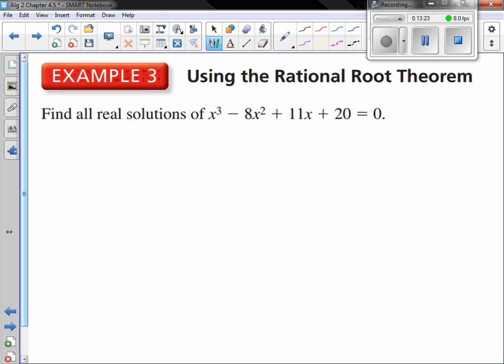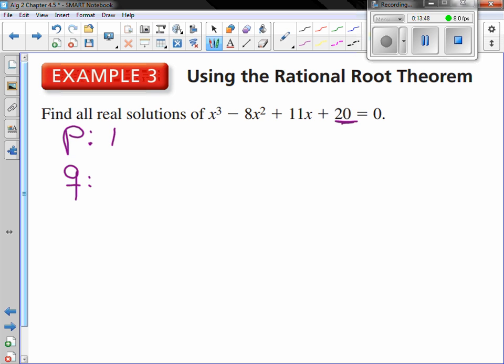So we want to find all the real zeros, and we're going to get there. I want to do this here, listing out the possible rational zeros. So we need to list out our factors of p and our factors of q. Well, p is the factors of what? Our constant term, 20.